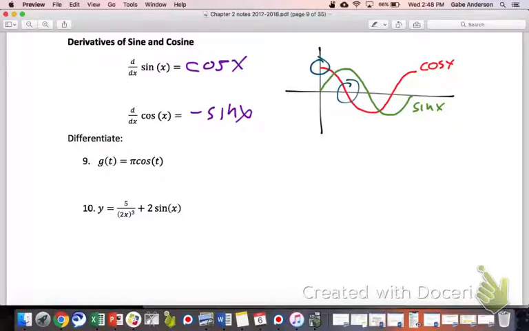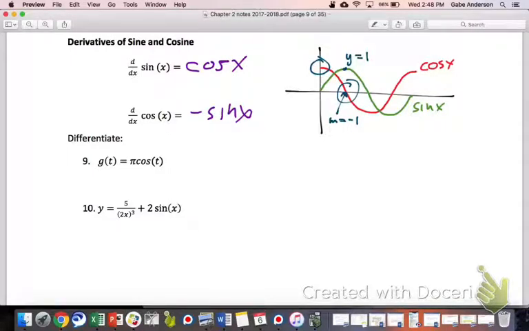Specifically, if you found the derivative and calculated it, you'd find out that the slope of the red graph right there is negative 1. What's the value of the green graph at the same spot? It's 1, right? Isn't it the opposite of that? So the slope here is negative 1, but the value of the green graph is 1. So you see how they're opposites?